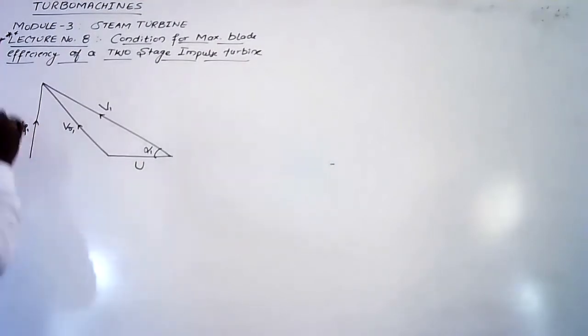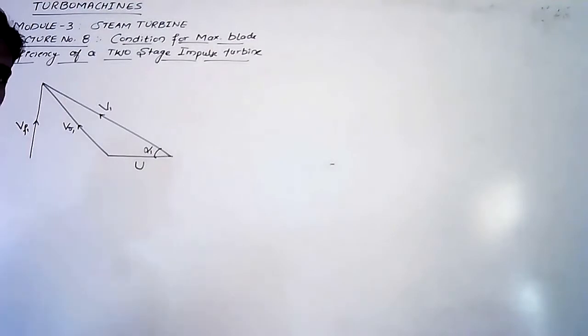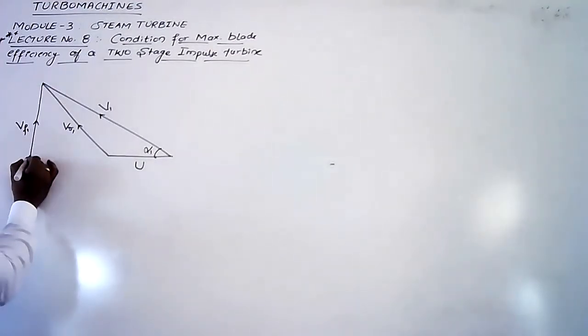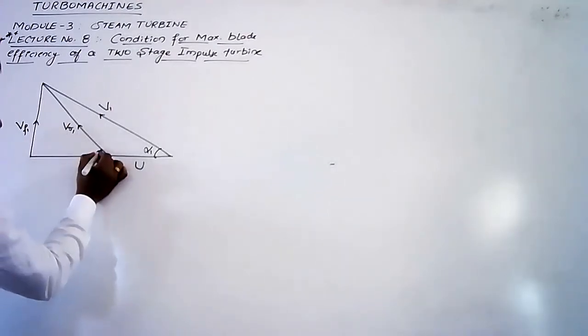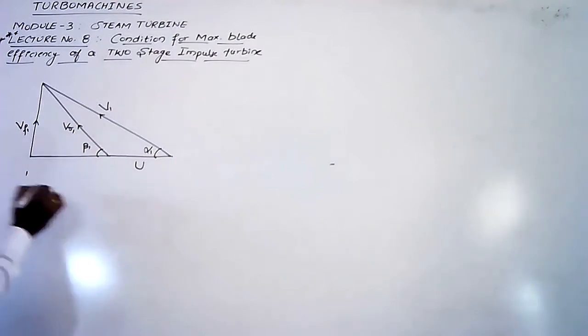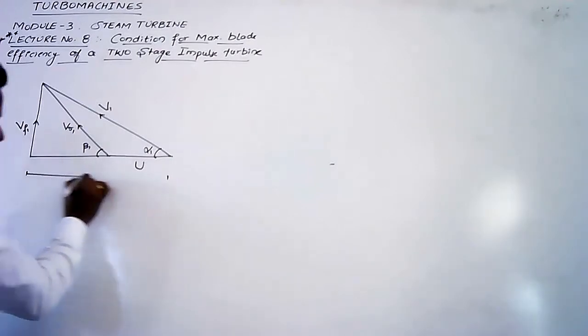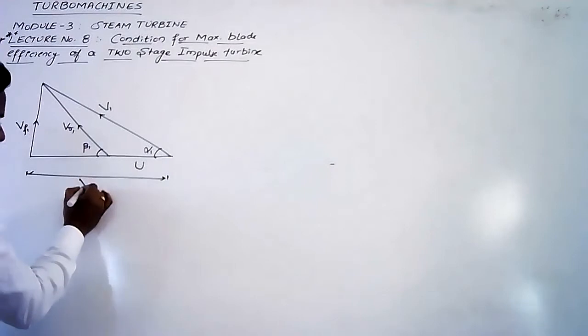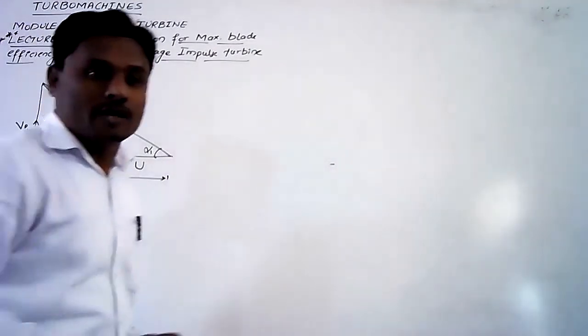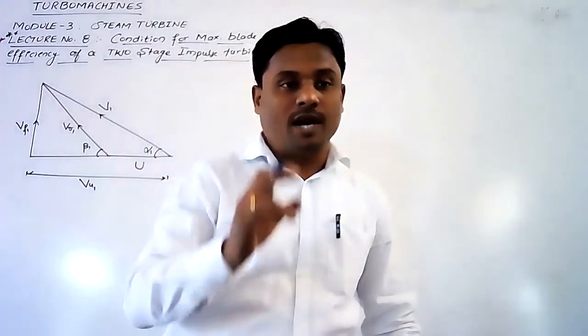VF1 is nothing but the flow velocity component at the inlet. It should be perfectly vertical in nature. VR1 makes an angle beta 1 with respect to horizontal, and its horizontal component is VU1. VU1, the horizontal velocity component, is also known as the tangential velocity component at the inlet.